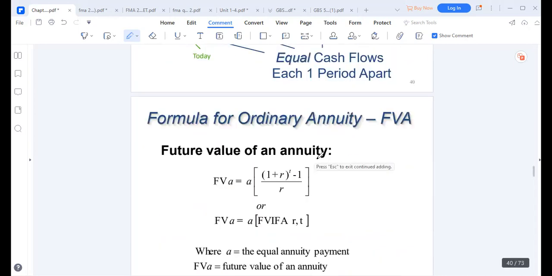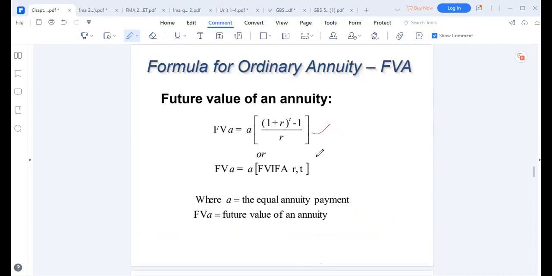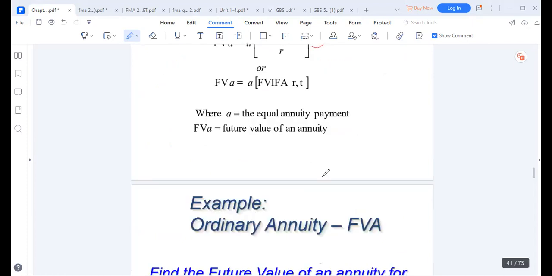Then getting down to the formula, we have this for the future value. These formulas are given. We have this one for the future value of an annuity. This is for ordinary annuity, where the payments or deposits are made at the end of the period, and then the present value.